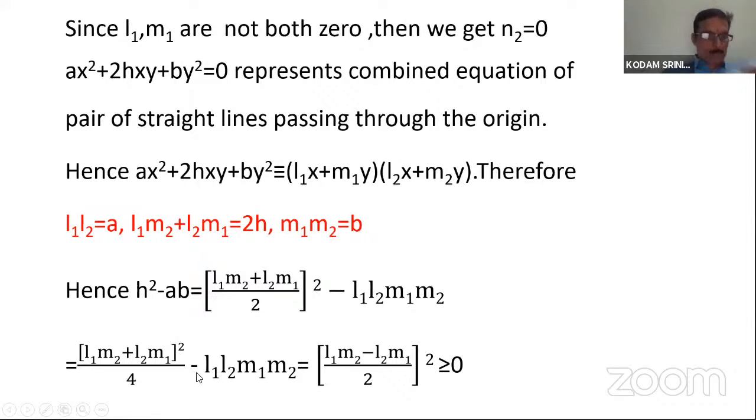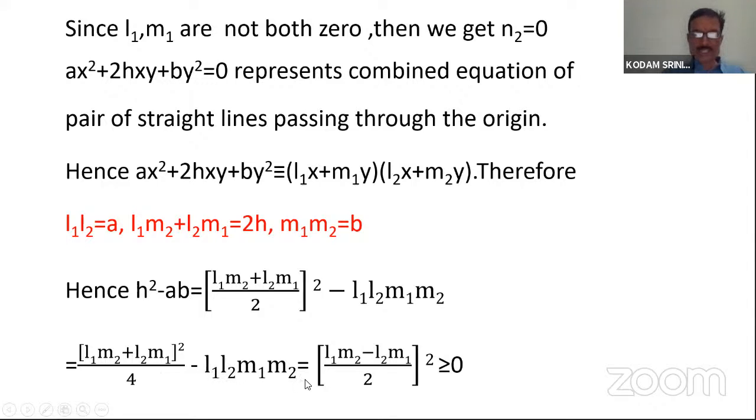So therefore, (L1 M2 plus L2 M1) whole square by 4 minus L1 L2 M1 M2. So in this case, after simplification, 4 is the LCM. So that is (L1 M2 plus L2 M1) whole square minus 4 L1 L2 M1 M2.